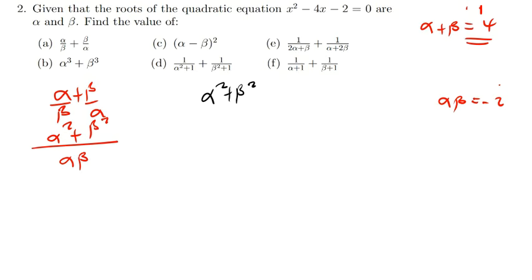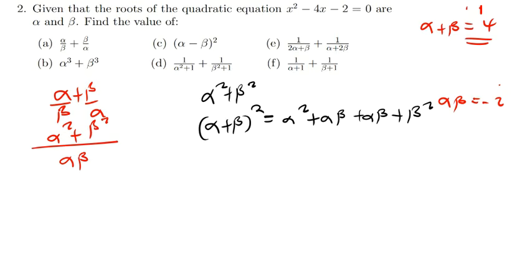We should take note that I can write alpha plus beta raised to the power 2 as, if I expand this, alpha times alpha is alpha squared, alpha times beta is alpha beta, beta times alpha is alpha beta, beta times beta is beta squared.